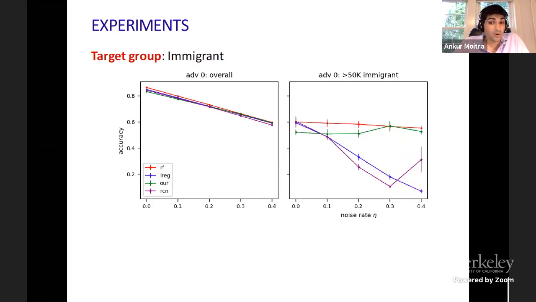And when you do it with immigrants, same kinds of things happen, although the degree of this effect varies across these different demographic groups. But what's nice is that our algorithms, which are designed to work with noise rates that vary across the domain or across different demographic groups, achieve the same overall accuracy while not having this catastrophically bad performance on different target demographics.